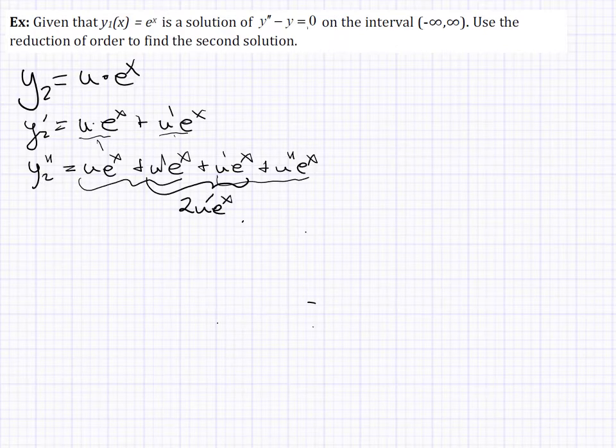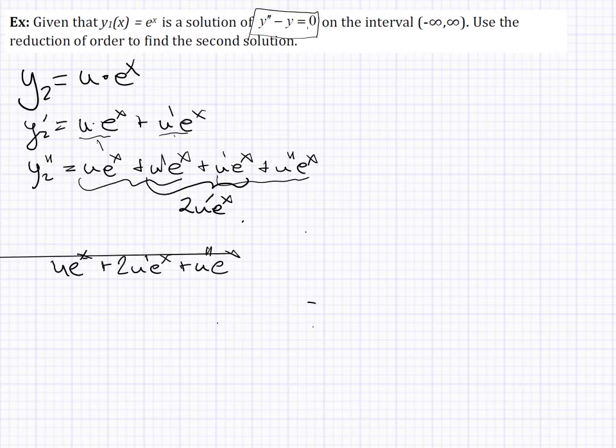Okay? So what I'm going to do is I'm going to take this and plug it into the differential equation. If this is what the solution should look like, then it should satisfy this equation. So y double prime is again u e to the x plus 2u prime e to the x plus u double prime e to the x.